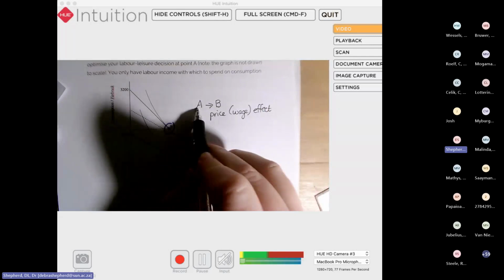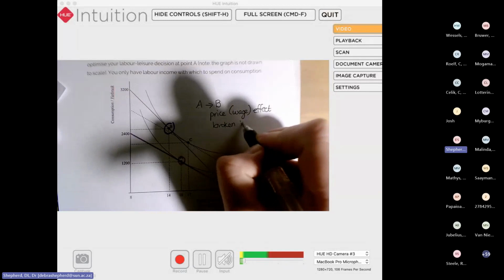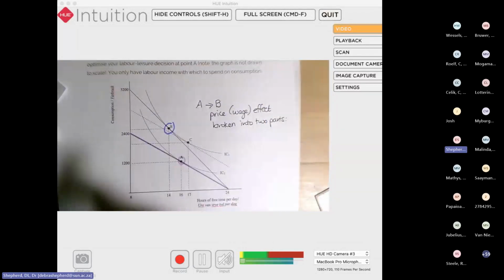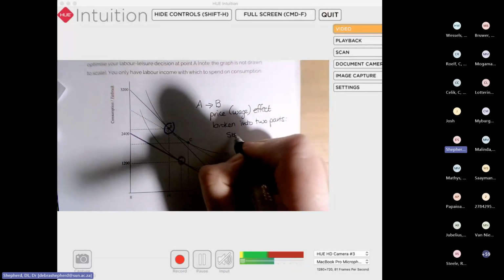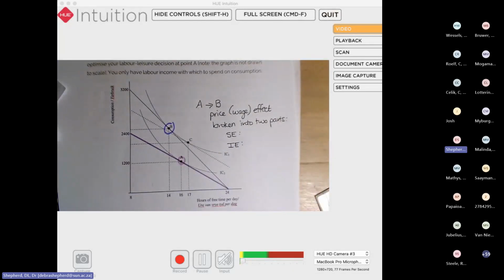This effect from A to B can be broken into two parts. We can break up that movement from A to B into a substitution effect and an income effect. How do we identify the income effect?